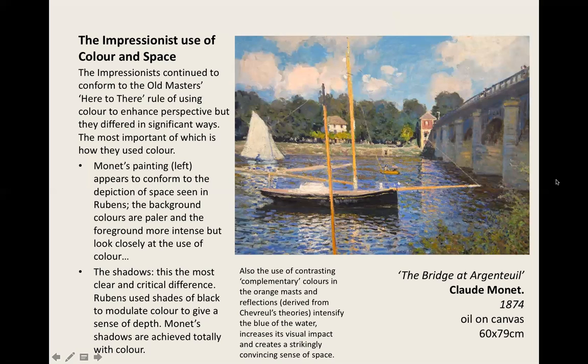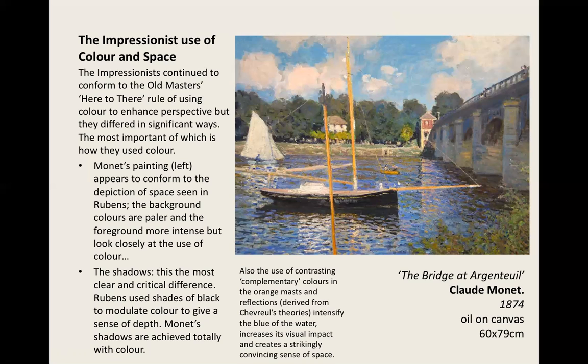So by mixing blue and orange together, they become much more dull and start to create a very convincing sense of something we've all seen on a summer's day: the play of light reflecting off the water in a shadow is a very particular and quite magical thing. And Monet has done an extremely interesting job in trying to capture that fleeting impression in paint.